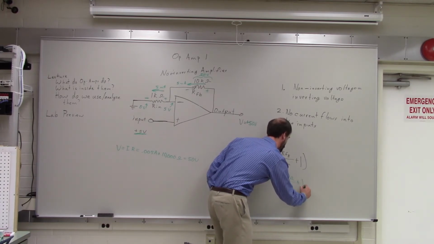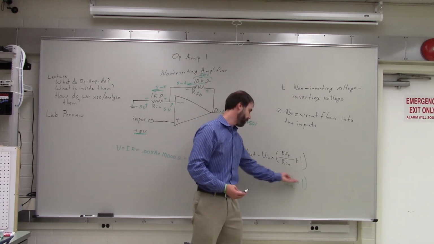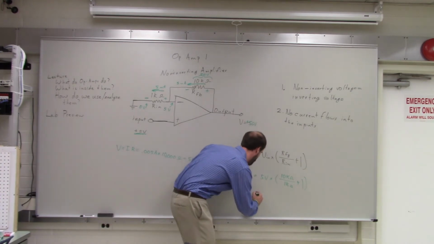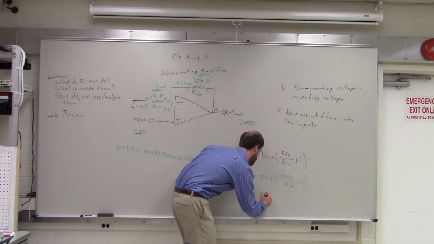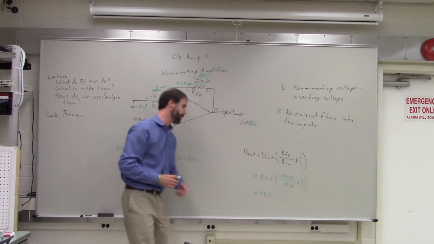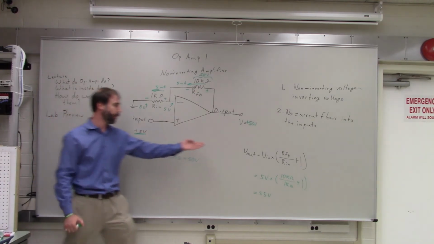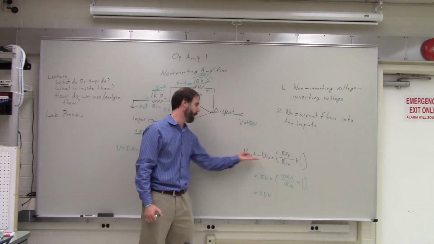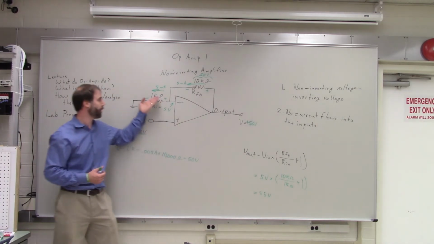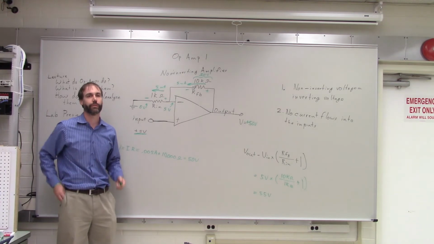So all that plus 1. So this is 5 times 10 plus 1, so 5 times 11, right? So our output voltage is 5 times 11 volts, or 55 volts. And you'll notice that there's no negative sign here, right? The output voltage has the same sign as the input voltage. So we say that this is a non-inverting amplifier because it does not invert the sign of the voltage. Okay?